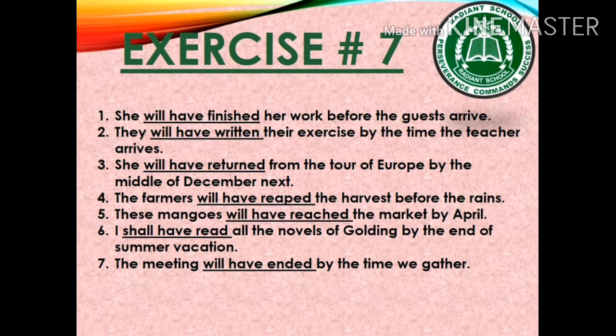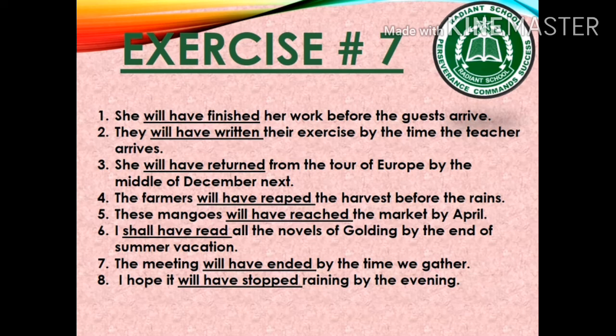By shows that this sentence goes for, yes, future perfect tense. The eighth sentence is: I hope it will have stopped raining by the evening. Again you can see the word by. Is it clear? Okay. The ninth sentence is: we shall have taken her examination by the next fall.